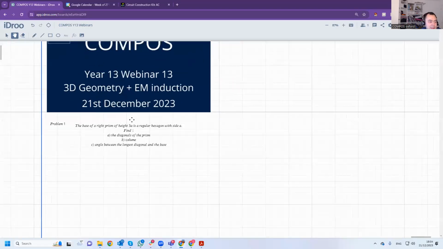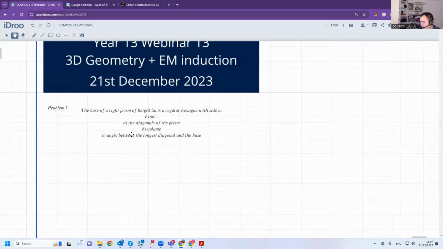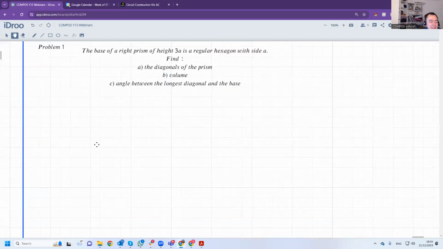3D geometry and EM induction. So first we're going to go through some 3D geometry and then to EM induction, to the exciting part. All right. So let's get going. The base of a right prism. So a right prism is where the base is perpendicular to the sides.